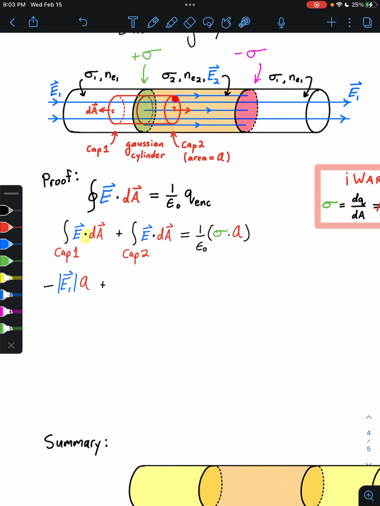And then at cap 2, here inside the more resistive region, we'll have the dA pointing right and E pointing right, so our dot product gives us a plus 1. So plus the field strength in region 2 times the area of our cap.